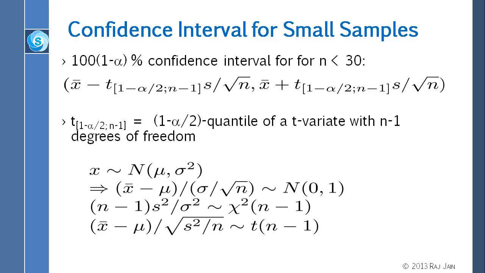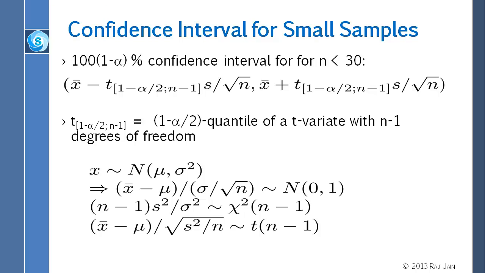The key thing to notice at this point is that you cannot use z, you use t. The second thing to notice is that this makes two assumptions. The additional assumption you are making now is that the observations themselves are normally distributed, which was not the assumption we had made before. With that assumption we can do it for small samples.